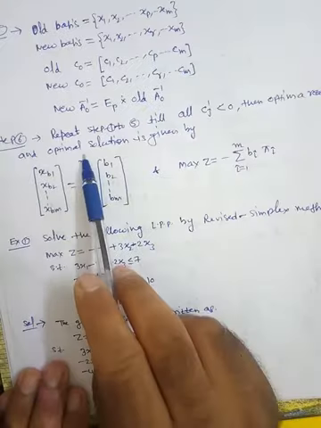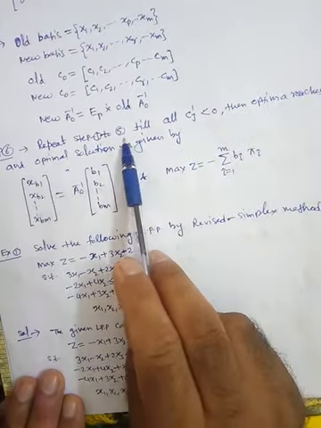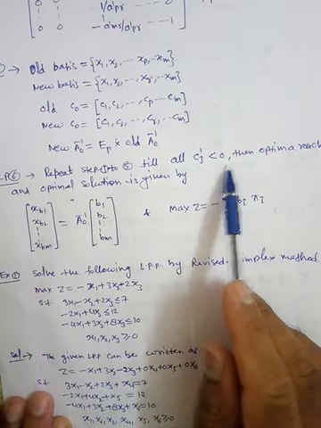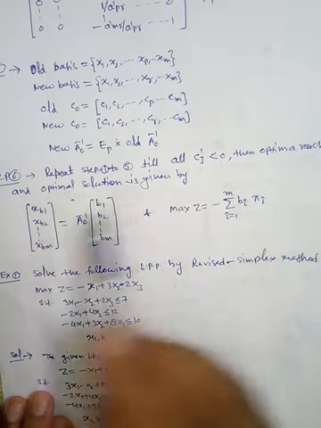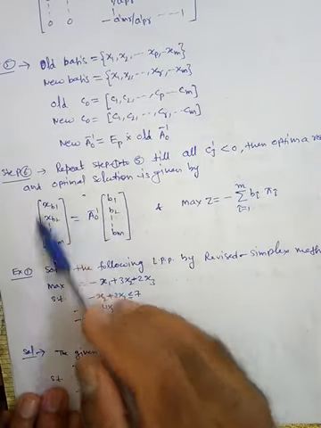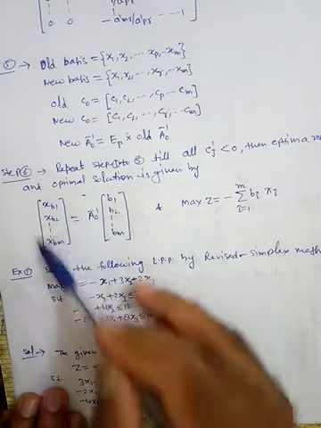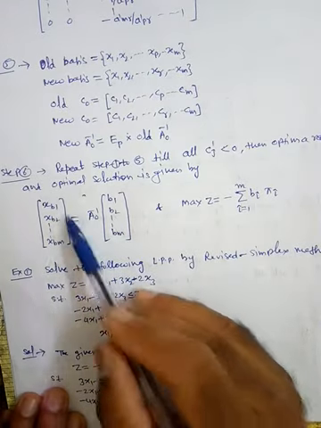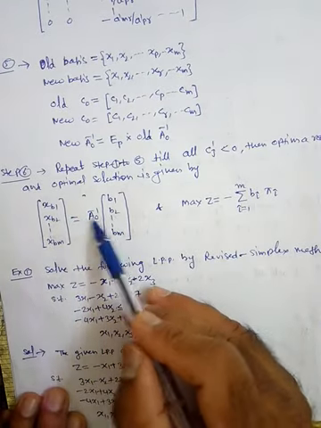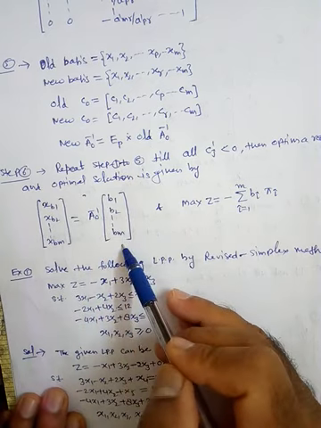Then we have to repeat steps 1 to 5 till all the Cj dash become negative. Then the optimum is reached, and the optimum solution is evaluated: the values of x1, x2, and so on are obtained from A naught inverse multiplied by b1, b2, ..., bm.